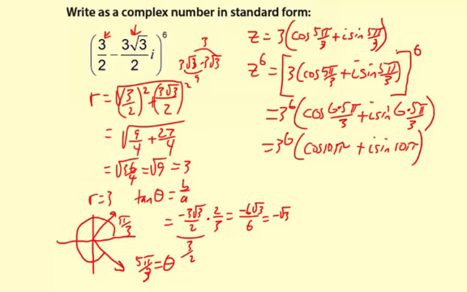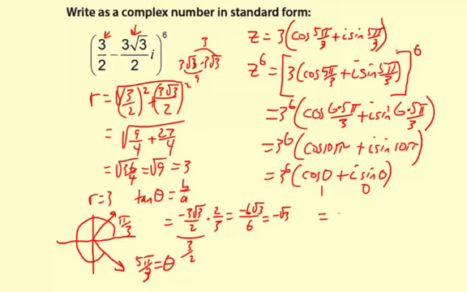Now reference angle for 10 pi is 0 because that's 5 complete rotations around the circle. So it's going to be the same thing as 3 to the 6th times cosine of 0 plus i sine of 0. The cosine of 0 is 1, sine of 0 is 0.